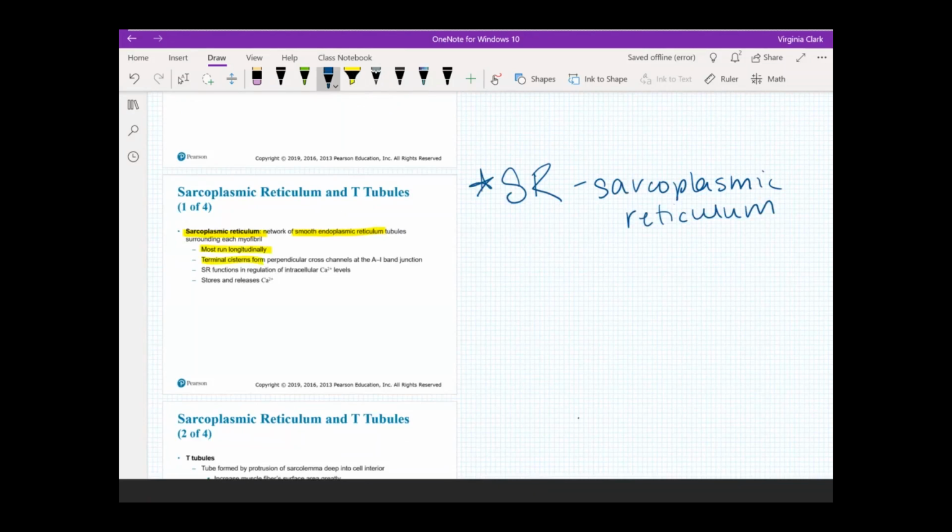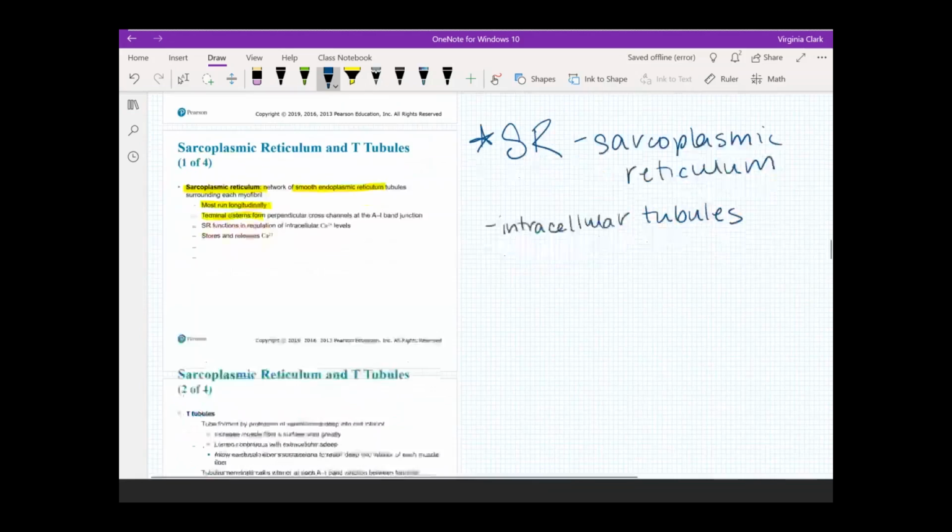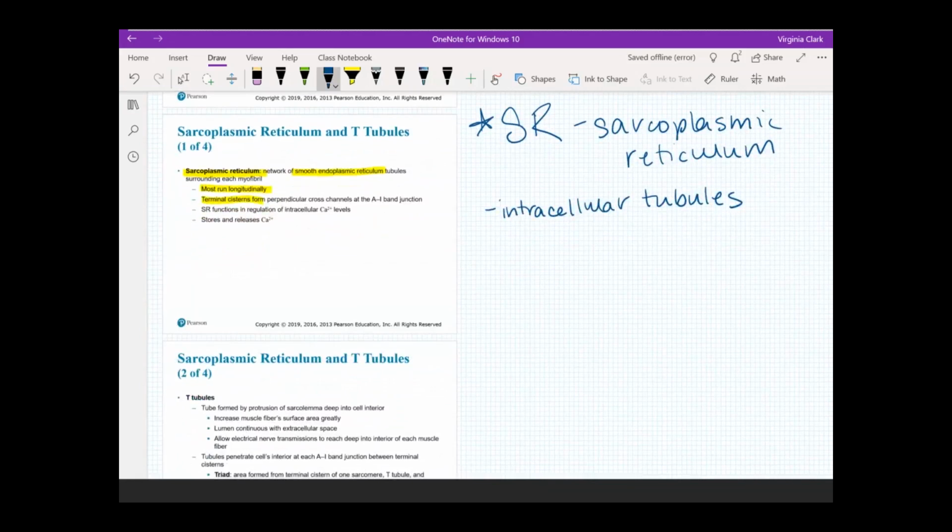So the way this sarcoplasmic reticulum works is these are intracellular tubules. And these intracellular tubules are found inside the cell, and they're going to regulate muscle contraction. So as they regulate muscle contraction, they are doing it from the inside of the cell. It's very cool.